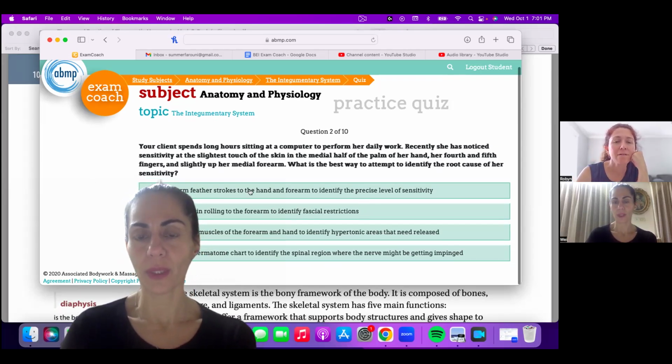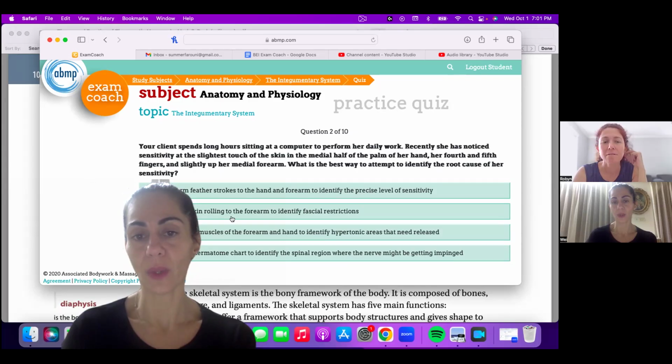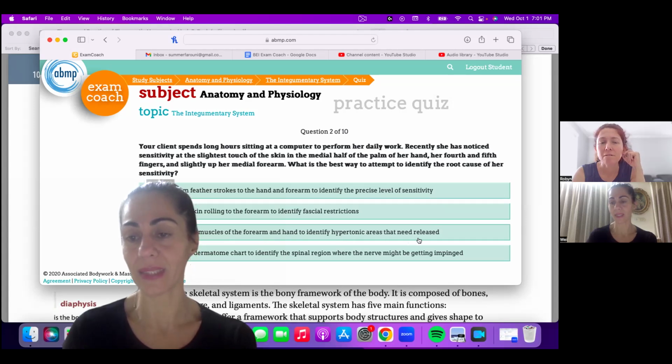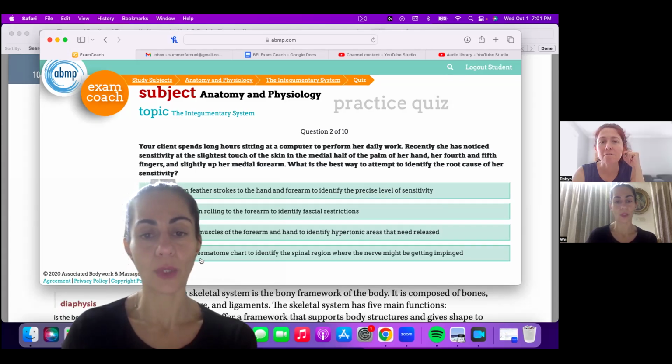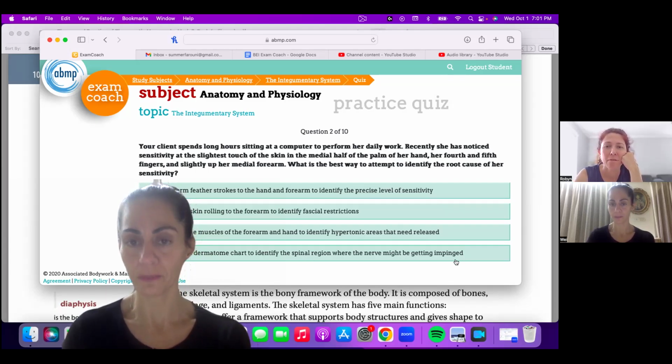Perform feather strokes to the hand and forearm to identify the precise level of sensitivity. Perform skin rolling to the forearm to identify fascial restriction. Palpate the muscles of the forearm and hand to identify hypertonic areas that need release. Refer to a dermatome chart to identify the spinal region where the nerve might be getting impinged.